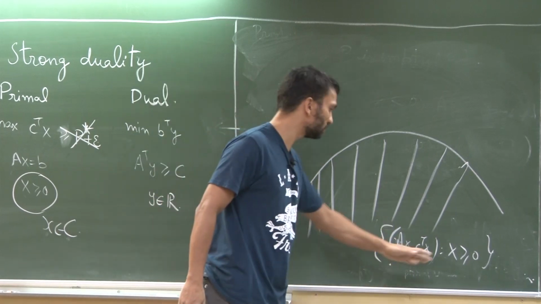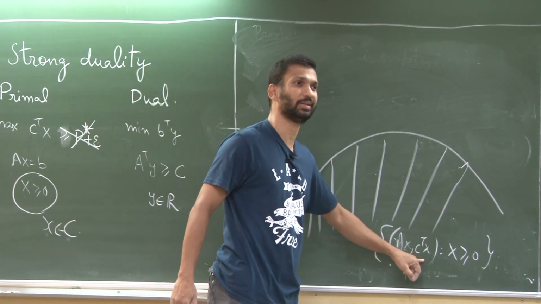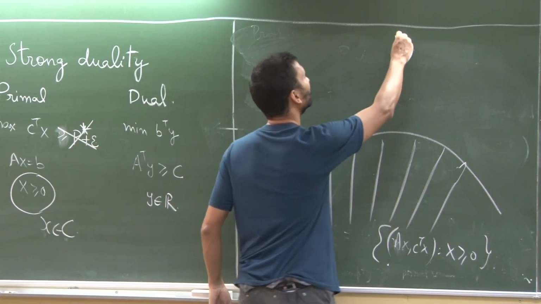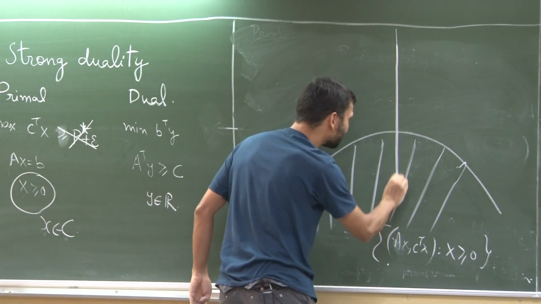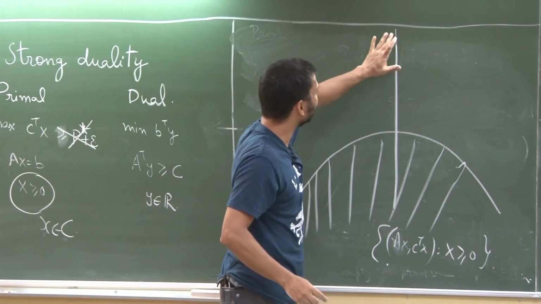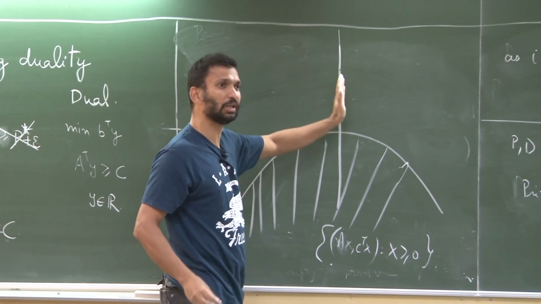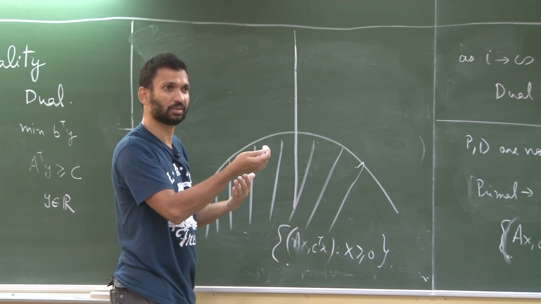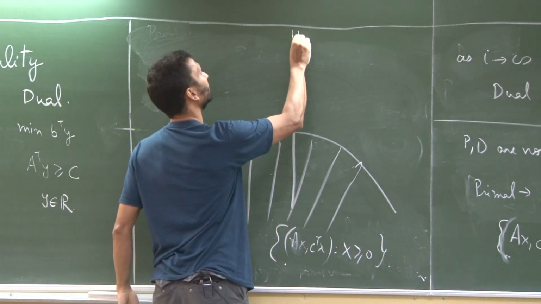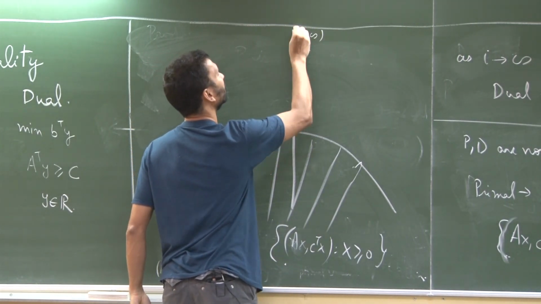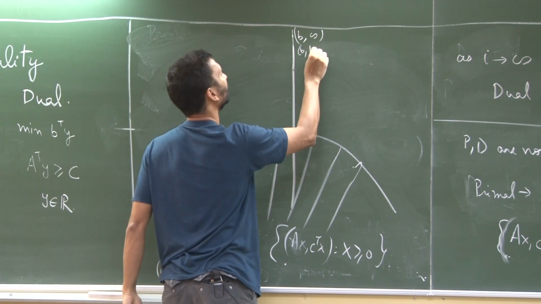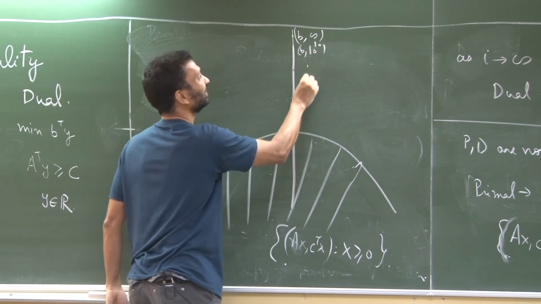Okay, not feasible region, but x greater than or equal to 0. What do I get here? Now, this is the line where, let's say, this line represents B. And this is taking different values at the last coordinate. So this is in some sense B comma infinity. This is B comma 10 to the 10 or whatever.